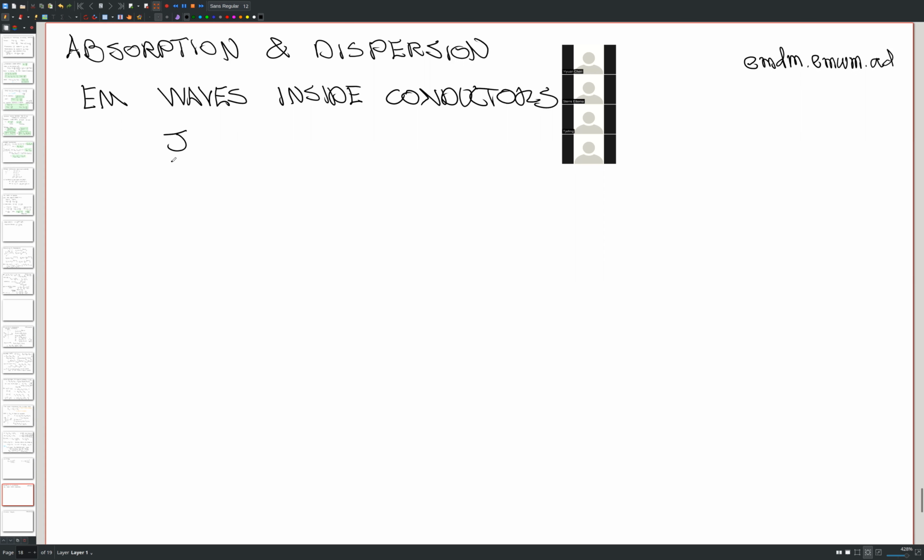Here we've got some free charge density somewhere inside our conductor, characterized by being along the applied electric field and of a strength which is characteristic of the actual conductor. So there's a proportionality coefficient here, which is the conductivity.